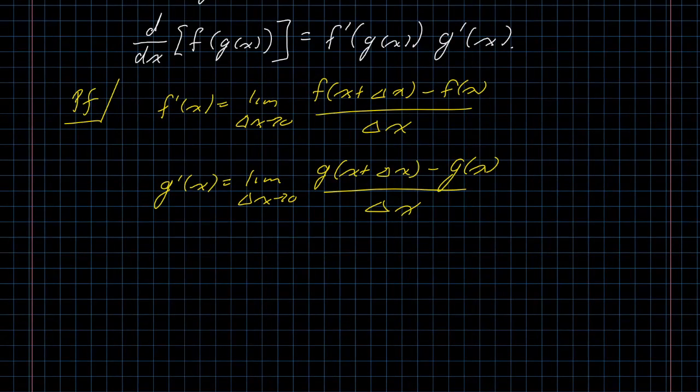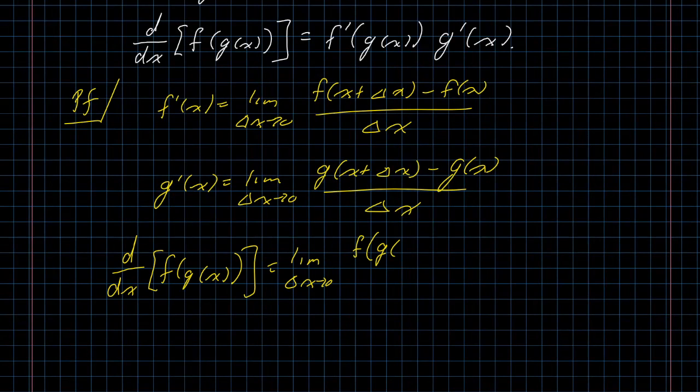And so if I want to take the derivative of f of g of x, I use the same rule. The limit as delta x goes to 0 of f of g of x plus delta x minus f of g of x all over delta x.